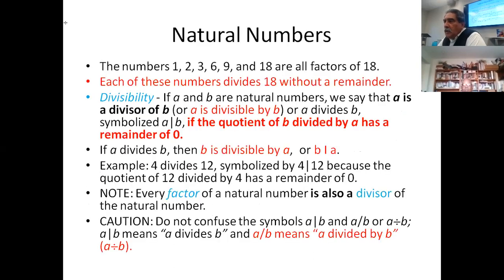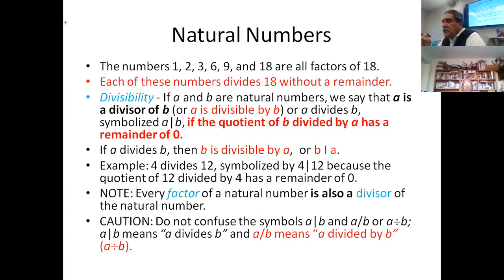Now, numbers like 1, 2, 3, 6, 9, and 18, they're all factors of 18. What we mean by factor is that 18 can be divided by itself or any of these numbers in a way that the remainder is 0.